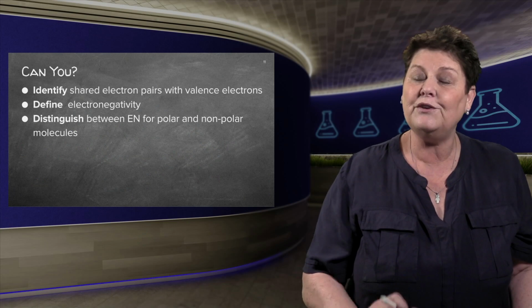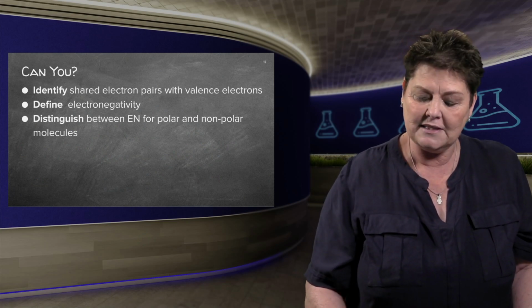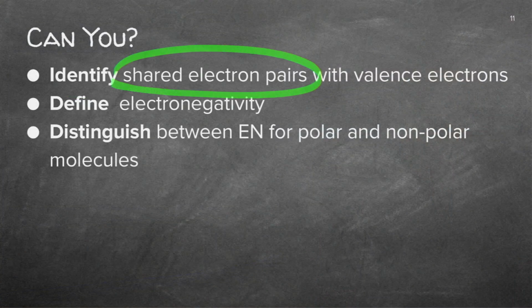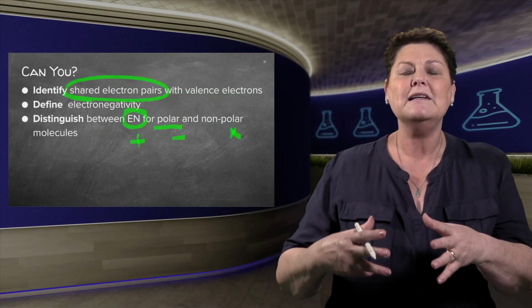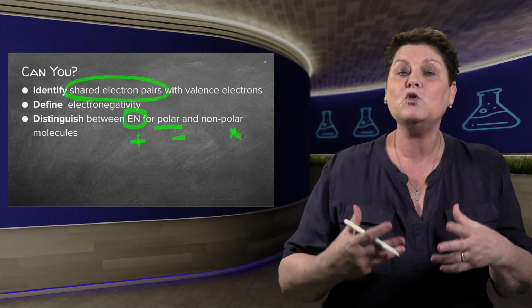So have a look at this video again if you've got any uncertainty. It's the electronegativity that's pulling that shared pair, and we need to be able to identify the difference to tell us, is it going to be polar or is it not going to be polar? And that will make some reactions happen or some not.